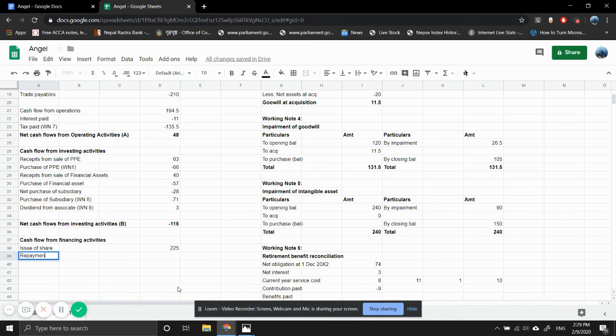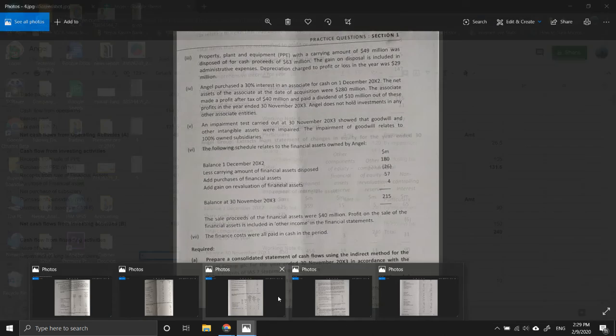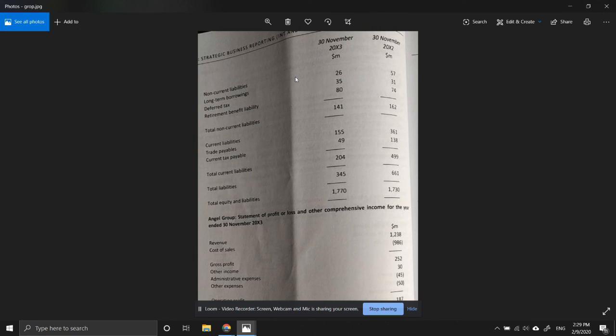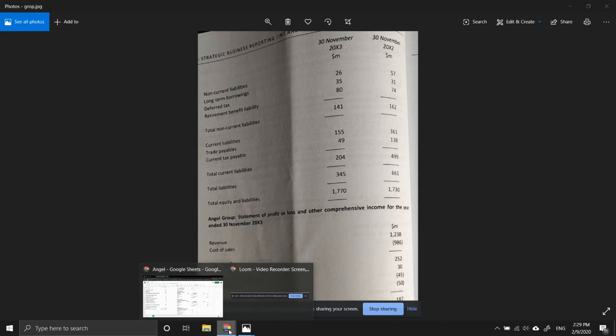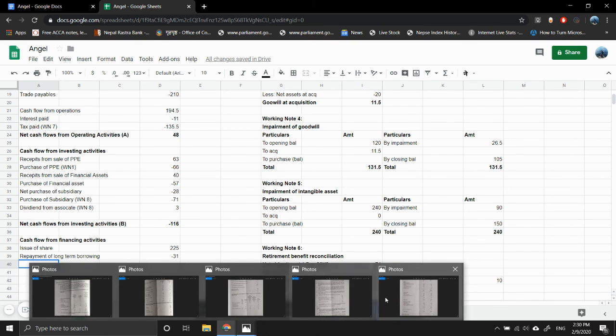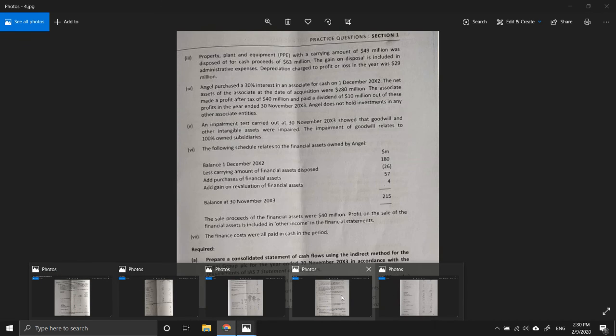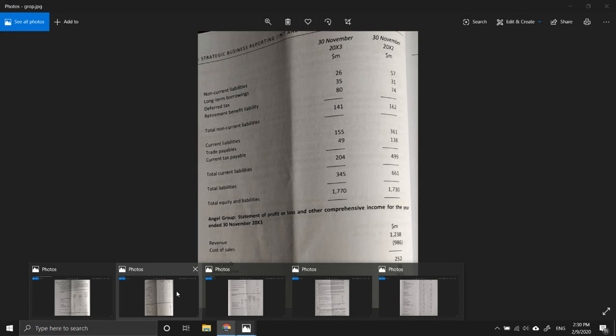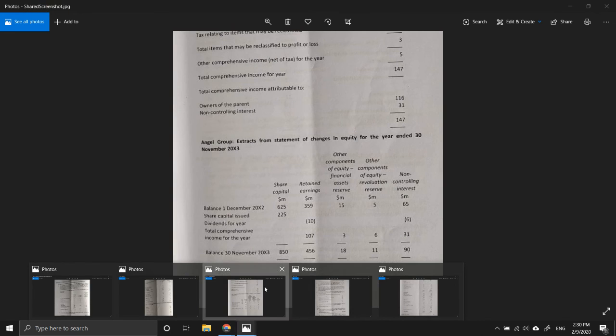Repayment of long-term borrowing, 26 minus 57, because it's a cash outflow from the company. That's why it should be in minus, right? Anything else? I don't think there is anything in non-current liability. Okay, let's see over here.